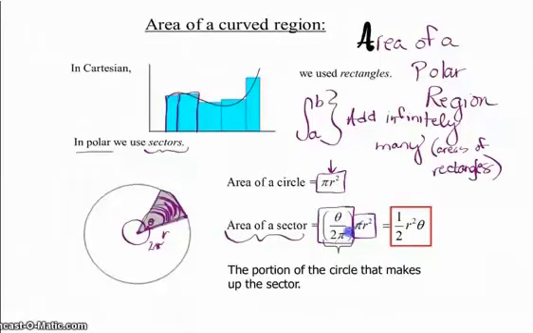This cleans up quite nicely. We can see our pi's cancel, and so we have 1/2 r squared theta. So this is the area of a sector of a circle.